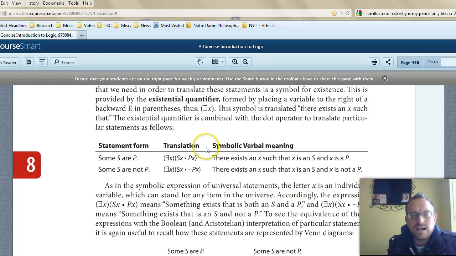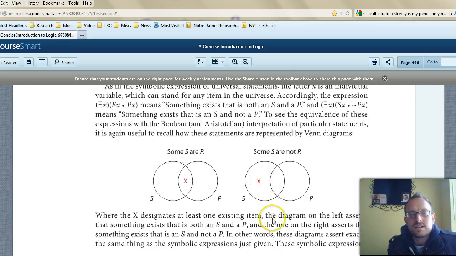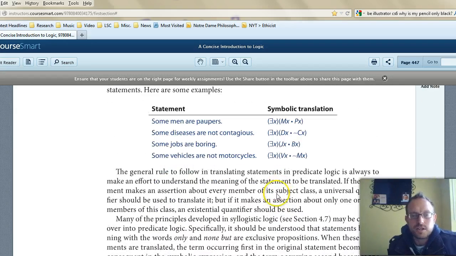And here's the way they did the verbal meaning: there exists an x such that that x is an S and x is a P. Maybe that's a little bit easier than what I did, but the same symbols occur. And here are some of the examples they give. Some men are paupers; that's going to be Mx and Px with the existential quantifier. Some diseases are not contagious; that's going to be existential quantifier Dx and not Cx, and so on and so forth.